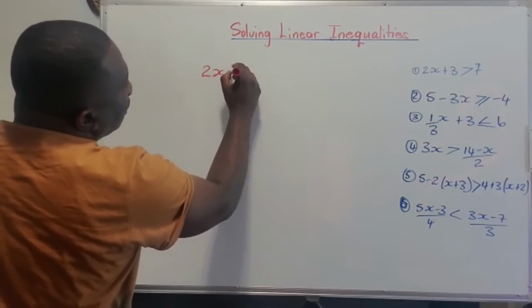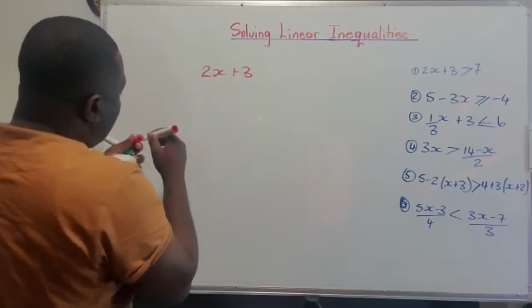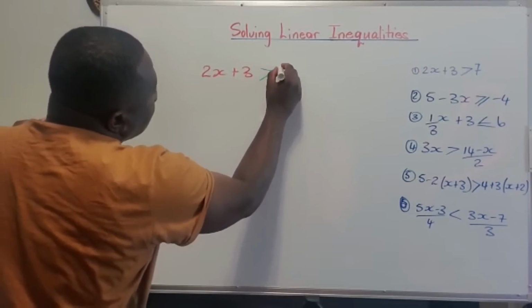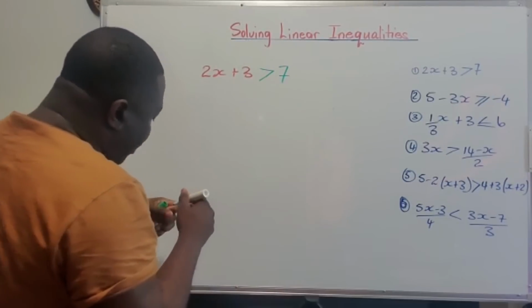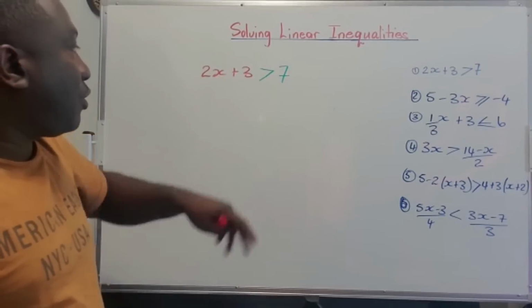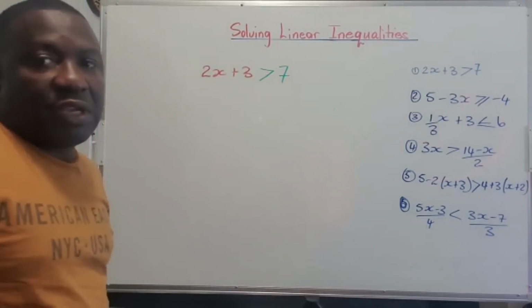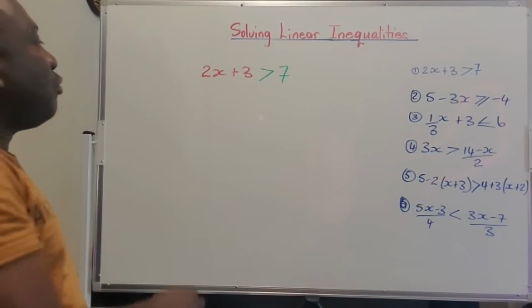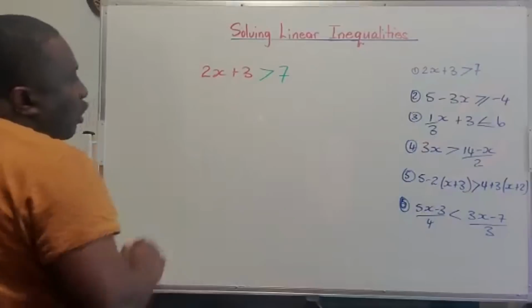Now the first problem is 2x plus 3 is greater than 7. So it's telling us that the value of 2x plus 3 is greater than 7, and we want to solve this inequality.